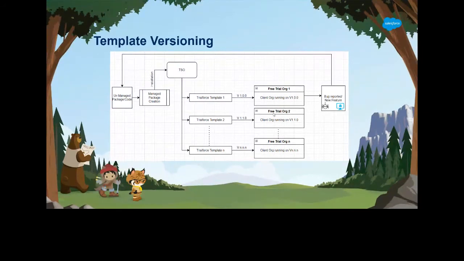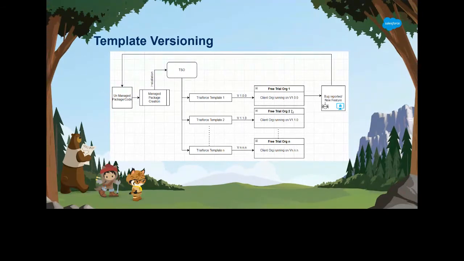In this way, this cycle keeps running if you want to fix your solution and want your customer to explore the fix as well. This is how we do the template versioning. Template 1 has the old version of your package, and template 2 has the upgraded version.